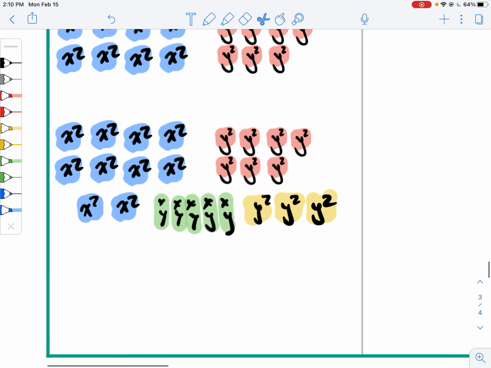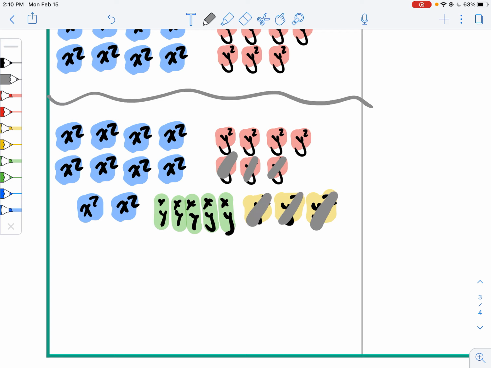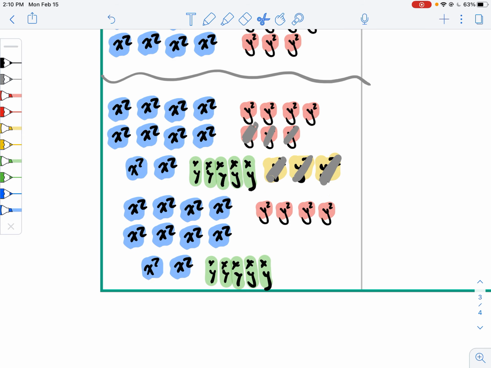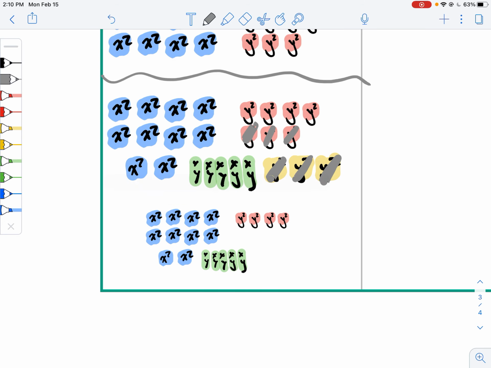Well, we've got some y squareds that need to cancel out. So this one, cancel, cancel, cancel, cancel, cancel. So what do we have left over? Well, if we get rid of our canceled tiles, then that is the same thing as 1, 2, 3, 4, 5, 6, 7, 8, 9, 10 x squareds.